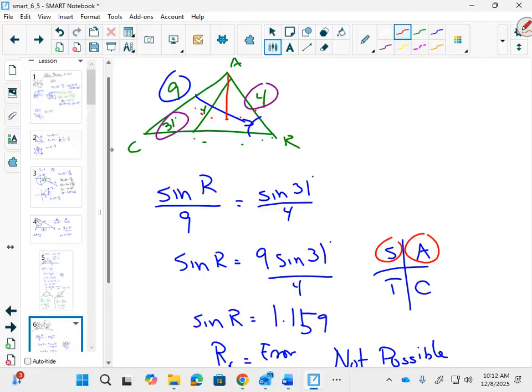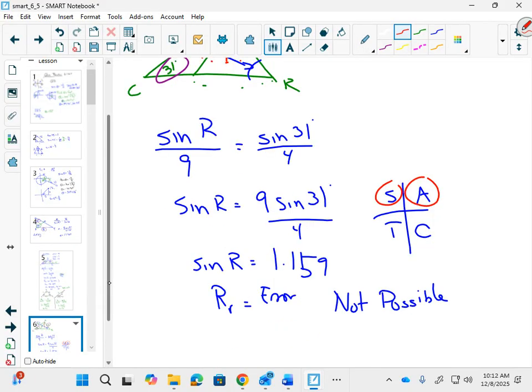In fact, you could have already told me that from here. Do you know why it's not possible when I have sine R equals 1.15? It's bigger than 1. Sine is a ratio, like I can make that into a fraction over 1, and that would mean I have a 90-degree triangle where the opposite side is 1.15 and the hypotenuse is 1.